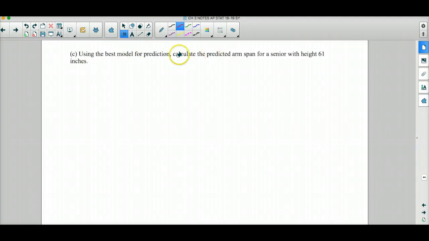Using the best model for prediction, calculate the predicted arm span for a senior with a height of 61. So like we talked about, the weird thing for this question is you flip back to graph 1. And remember, graph 1 was the better fit. Therefore, we are going to use that equation in graph 1.